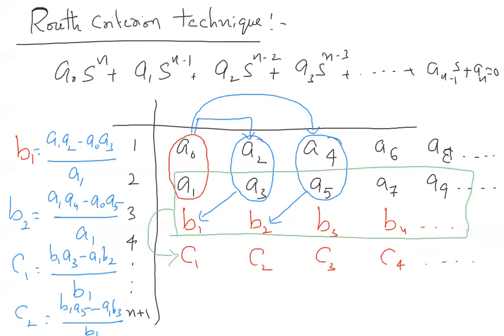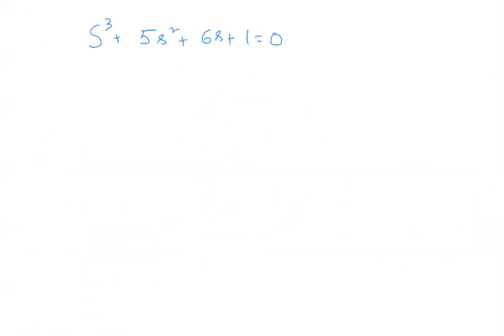So can you fill the Routh criterion table for this one? So how do you fill this?